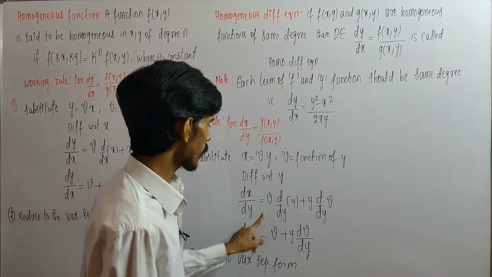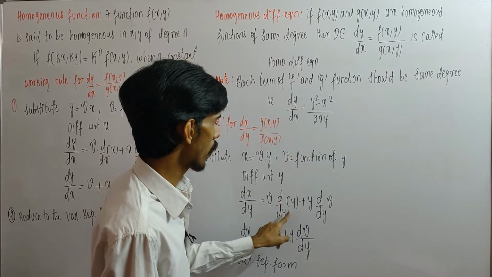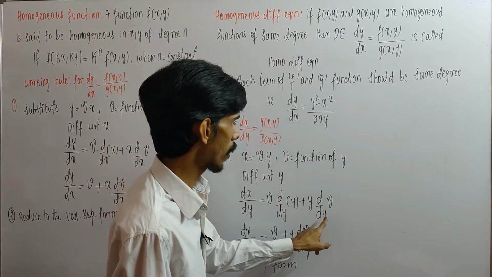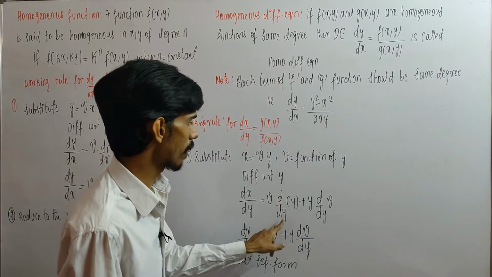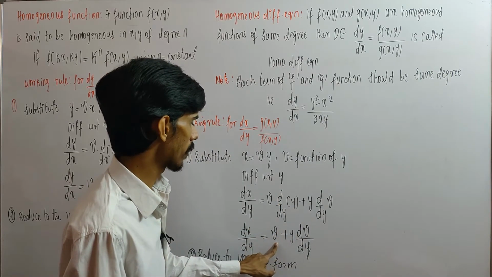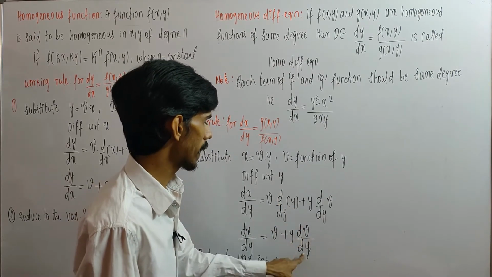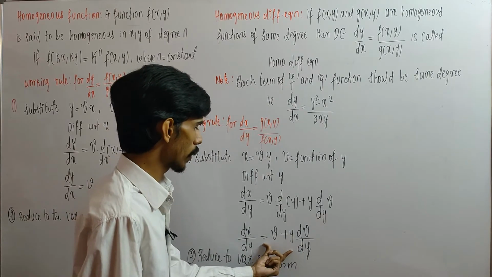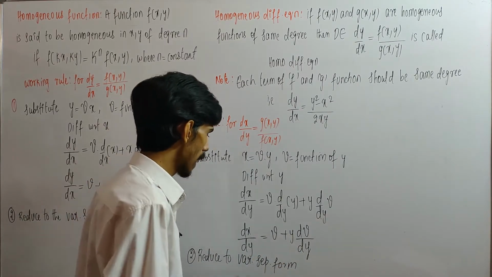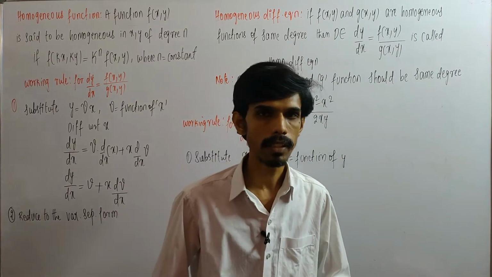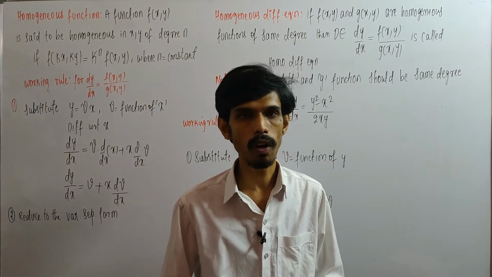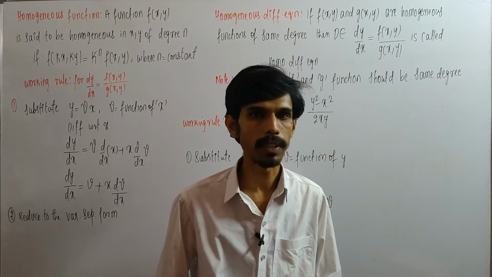Applying the product rule we will get v into d by dy of y plus y into d by dy of v. So d by dy of y is 1, so we will get v plus y dv by dy. Now reduce this equation to variable separable form and apply the concept of variable separable form. So in this way we will solve a homogeneous differential equation.